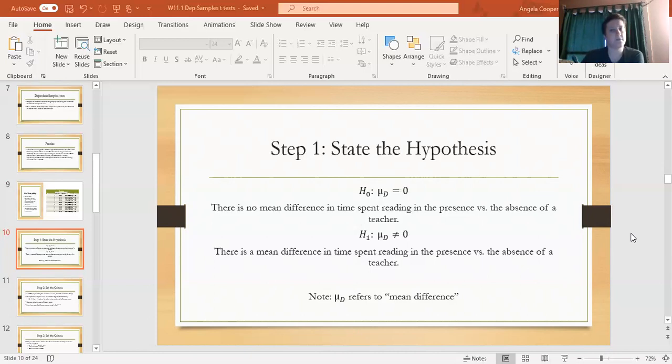Typically, null hypotheses for dependent samples t-tests are going to follow this same rule. It's different from one sample tests, be it t or z, where we had our mu equal to a particular number. We don't have access to the population here. Remember, it's a t-test, so we're only dealing with samples, especially when we're talking about dependent samples or independent samples t-tests.